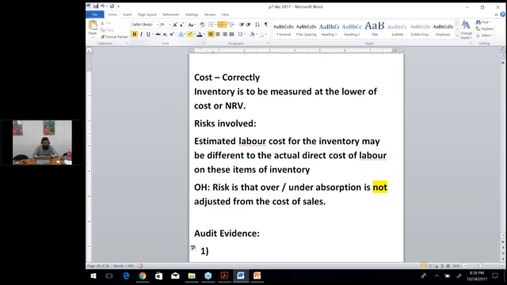What are the overall risks involved? The risk is that the labor costs may be incorrect. So if the labor costs are incorrect, then you need to recalculate the labor cost to confirm accuracy.